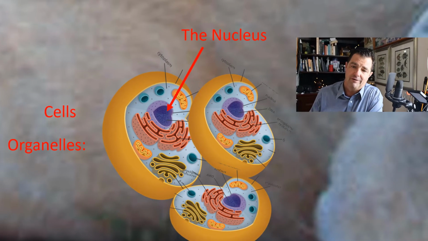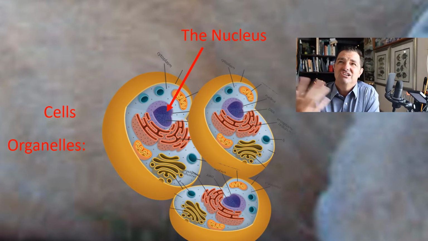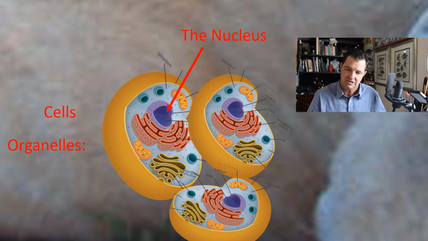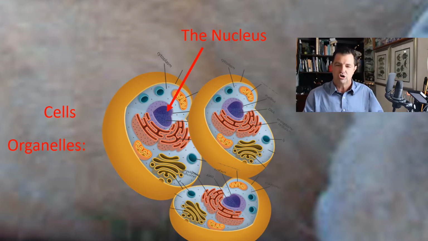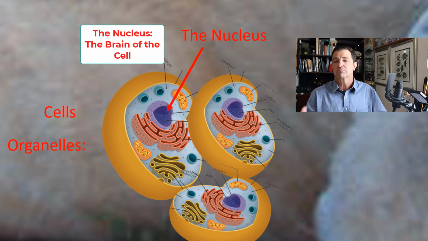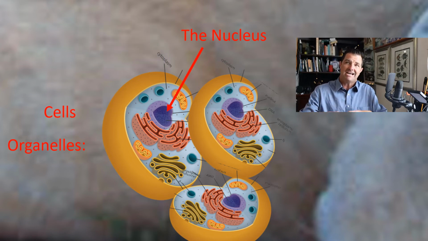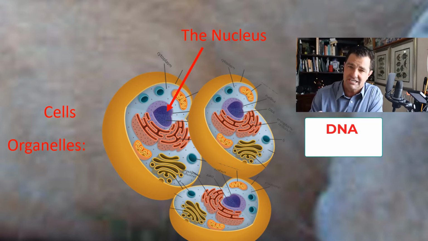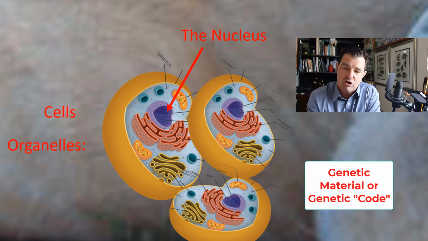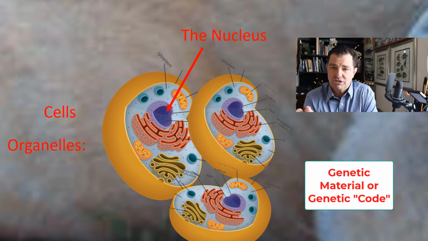That's one organelle. Also inside nearly every cell, there are a couple of exceptions, and we don't need to worry about those, is a structure called the nucleus. And the nucleus you can think of as the brain of the cell, and the brain of the cell is where the DNA is. So the DNA, or the genetic material of the cell, helps control what that cell can do.